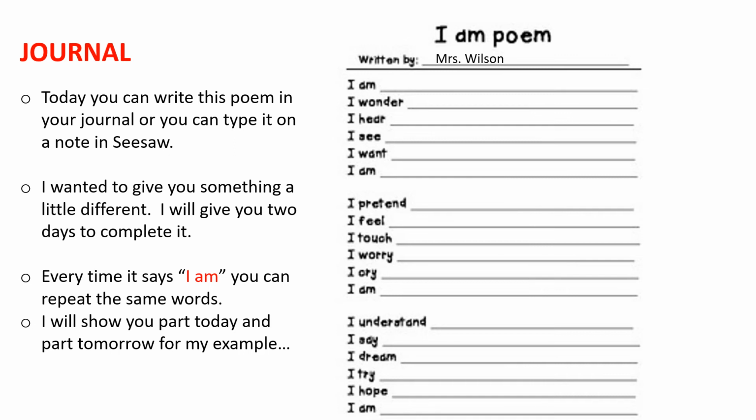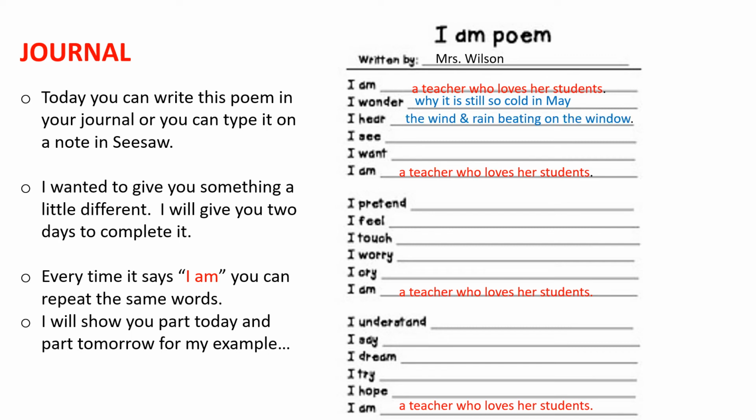So this is my I am poem. I put I am a teacher who loves her students, and I am going to put that on every single I am line. Then I'm going to complete the first stanza today. I wonder why it is still so cold in May. I hear the wind and rain beating on the window.